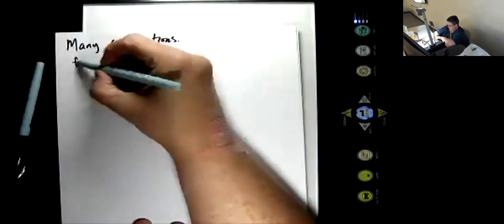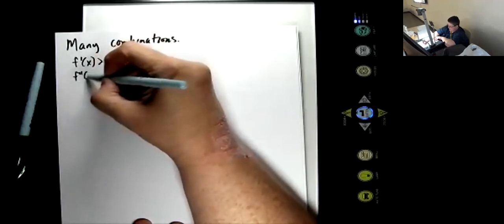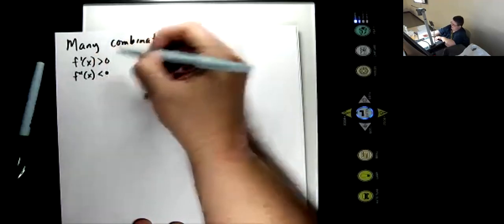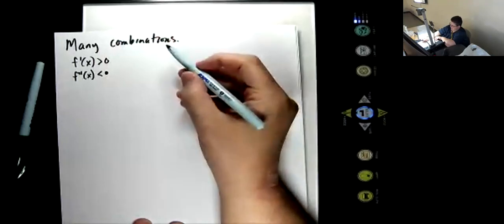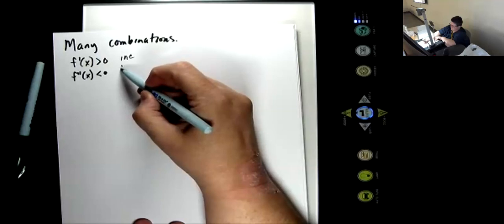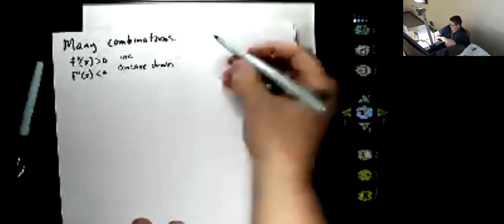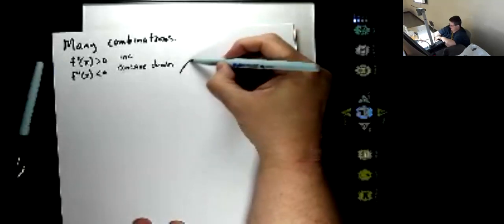If f prime of x is increasing, but f double prime of x is decreasing, so we have an increase, but concave down, it's got to be doing something like that.